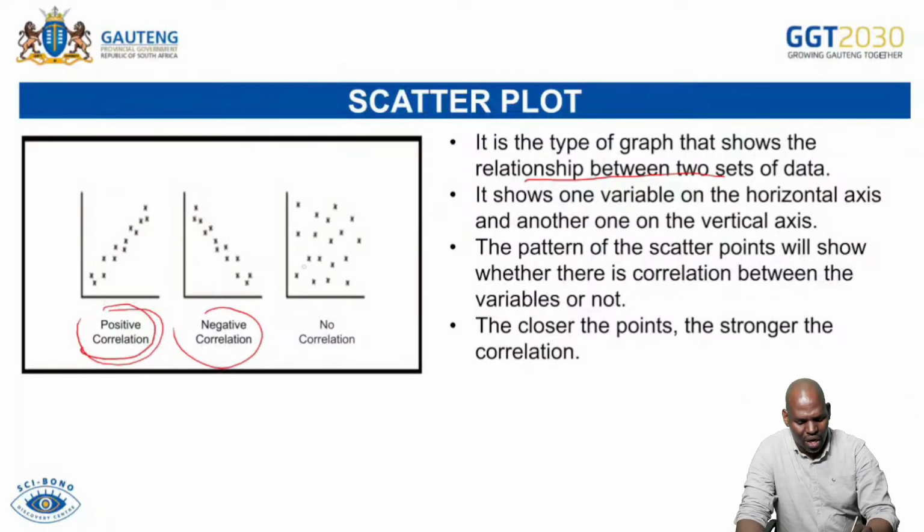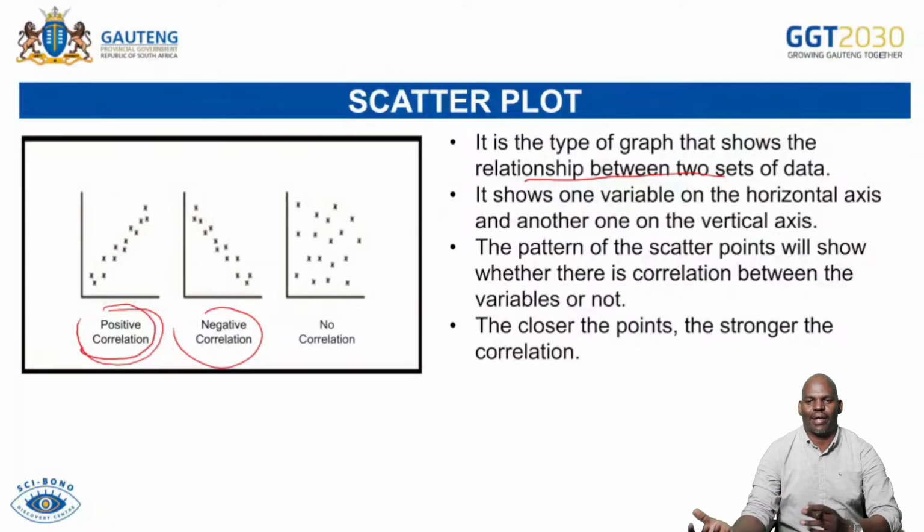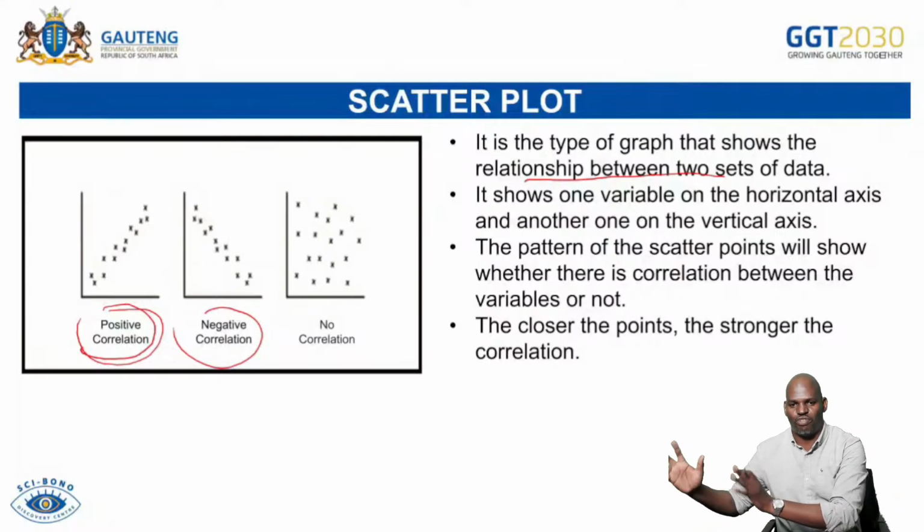And then the third one is no correlation. We can't say this is happening because of that. So in this case, let's say, for instance, the shoe size of a learner against his or her performance.